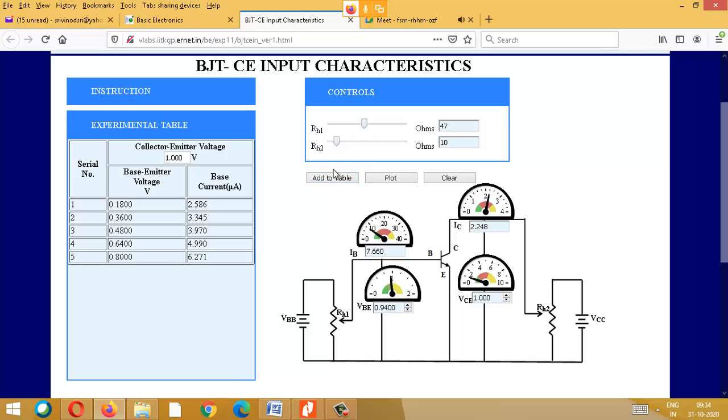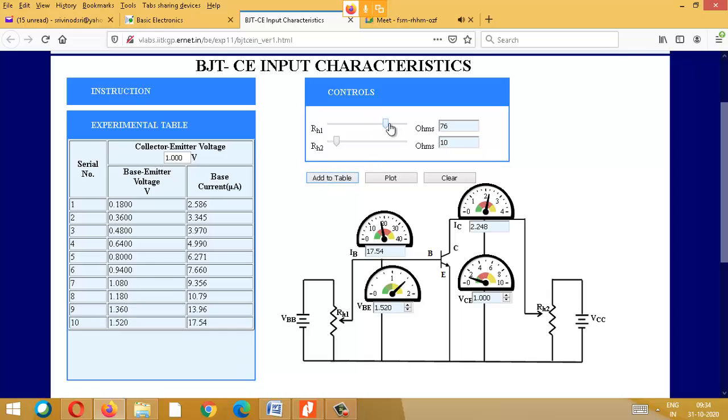Once I vary the rheostat, your voltage will increase, as we told. You can see it in your meter, and you can take the reading. See, the voltage is gradually increasing. Once I keep it at maximum, I just go on increasing my input side, that's all.